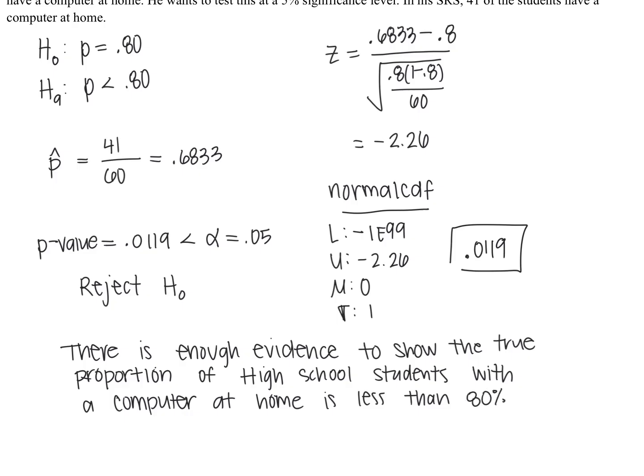So depending on whether or not you reject or fail to reject, it's either there is or there is not enough evidence to show that the true proportion, and then whatever your scenario is, and then you're basically stating your alternative hypothesis after that.